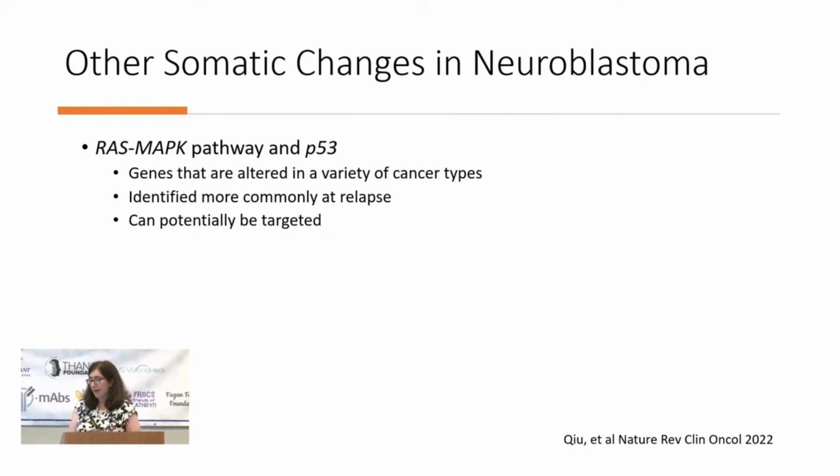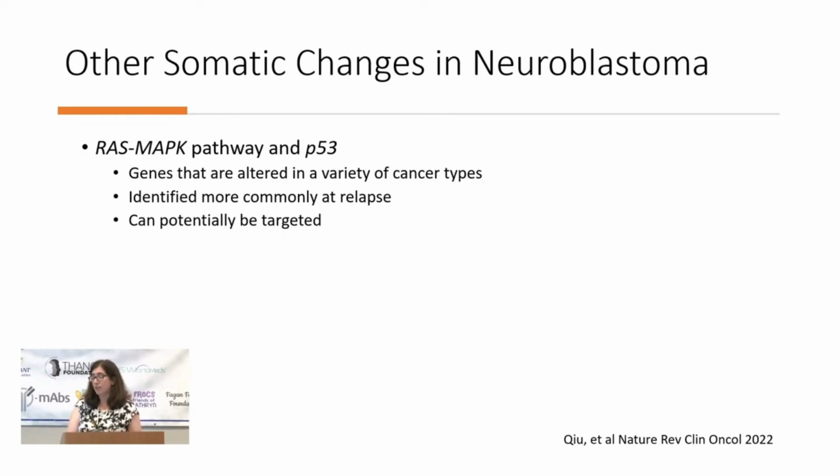That said, there are some pathways that can be altered. This RAS-MAP kinase pathway, as I have alluded to here, and the gene P53, these are common genes that are affected in a variety of cancer types. They're not specific to neuroblastoma, but they can be altered in a variety of ways to make tumors more aggressive or lead a cell to become cancerous.